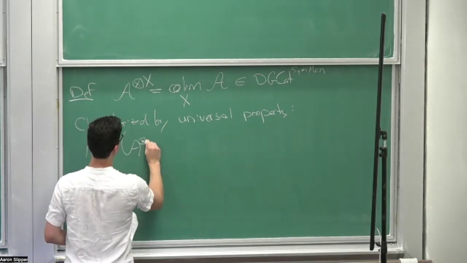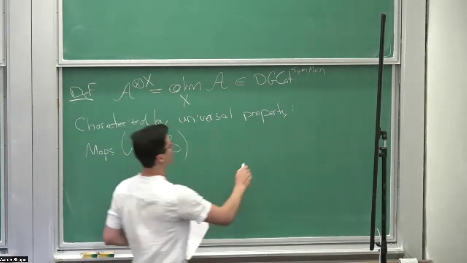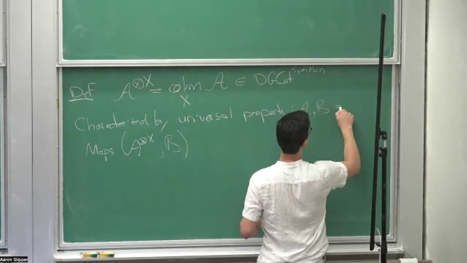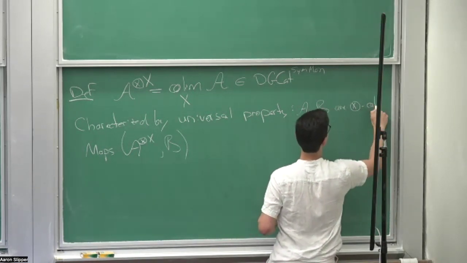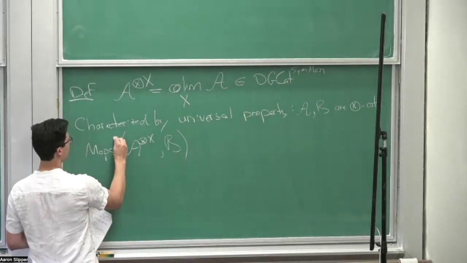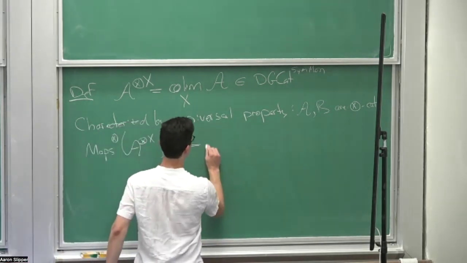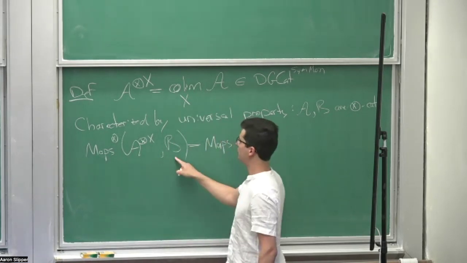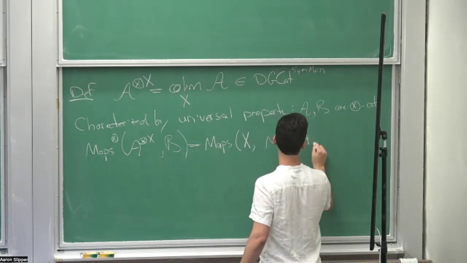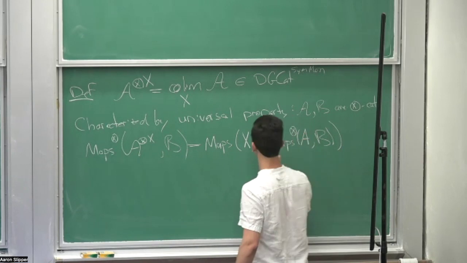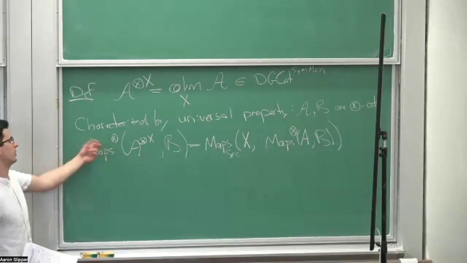Maps from A ⊗ X into some other tensor category B, where A and B are tensor categories, and this is now taken in the category of tensor categories, is defined to be just maps from A into B parameterized by X. So I'm using this superscript to denote that it preserves this monoidal structure.